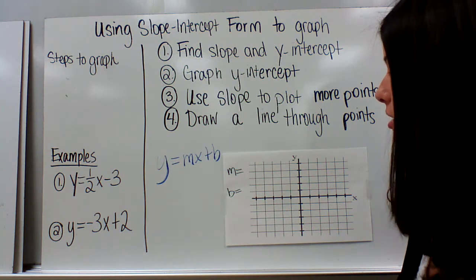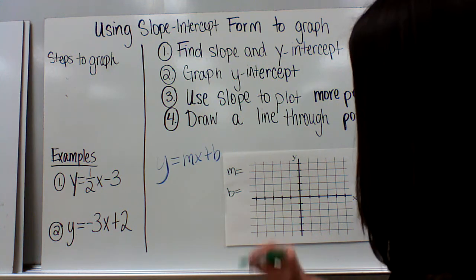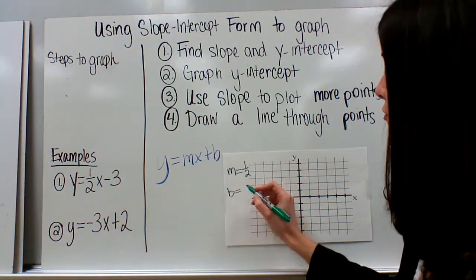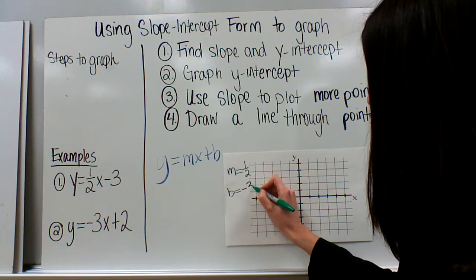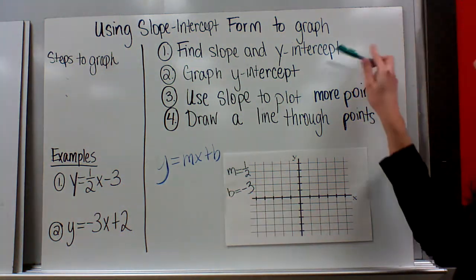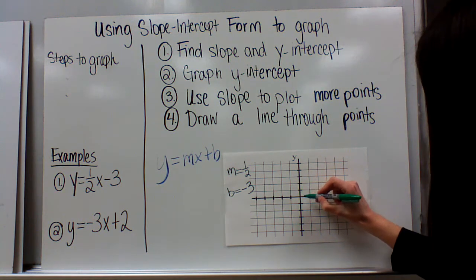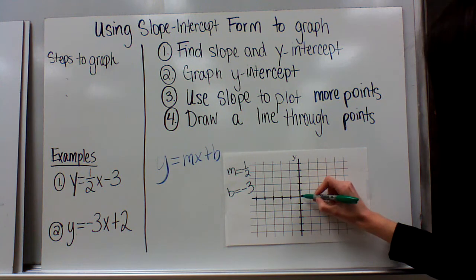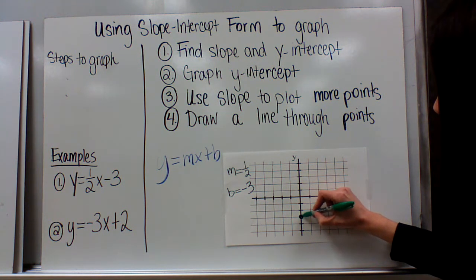Remember, m is always in front of x, so our slope is 1/2. And then our y-intercept is -3. Okay, since they're subtracting 3, it's -3. Let's graph the y-intercept. So I'm going to start at the origin and graph -3 on the y-axis.